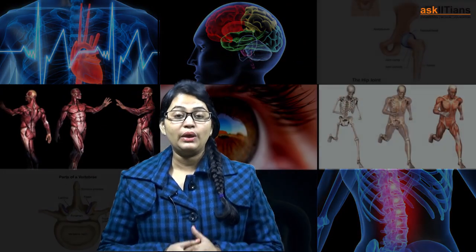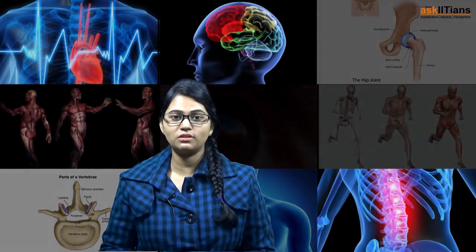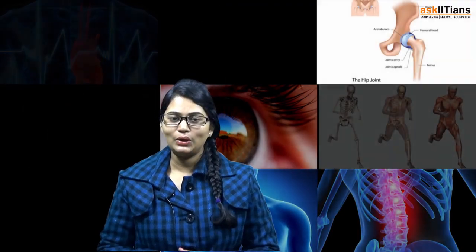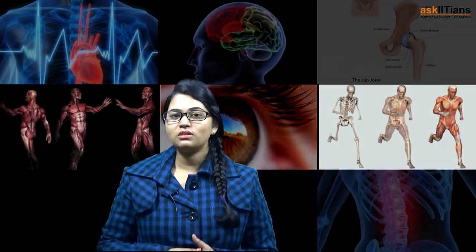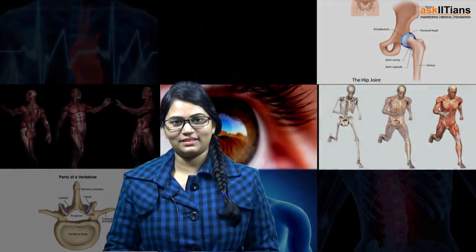Well students, this is all about the appendicular skeleton. We have seen that the appendicular skeleton consists of the bones of the shoulder, upper extremities, hips and lower extremities. The bones of the upper extremities join to the axial skeleton.